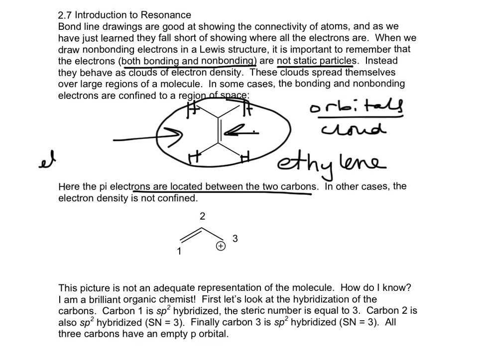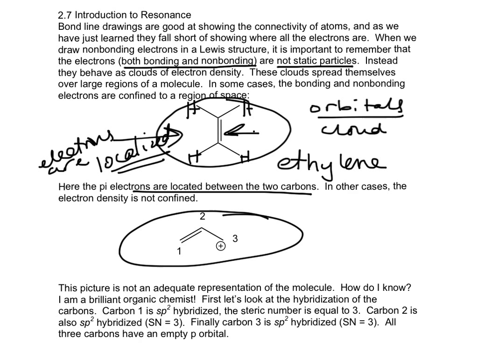So the electrons are localized. Okay. Down here below, where we have this positive charge, the electrons are not localized. So here we can think of the positive charge as a whole, and these electrons, these pi electrons, can move to fill that hole.